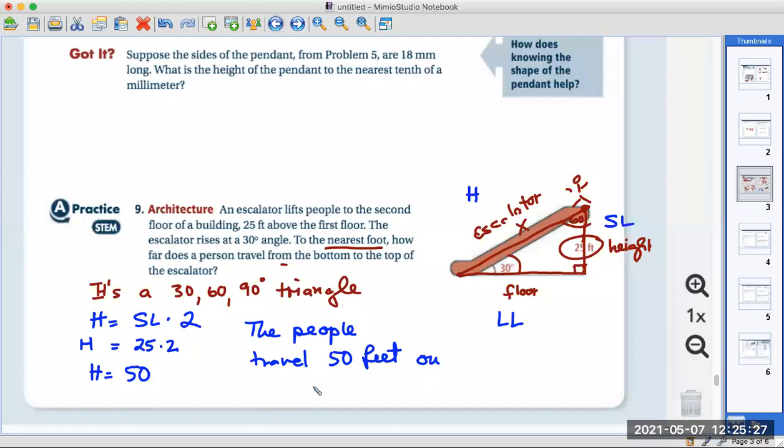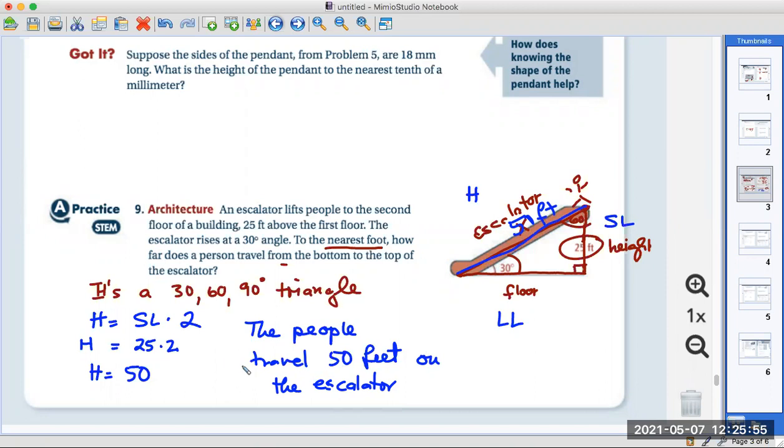On the escalator. So right here is 50 feet from here to here. Okay, that's an application.